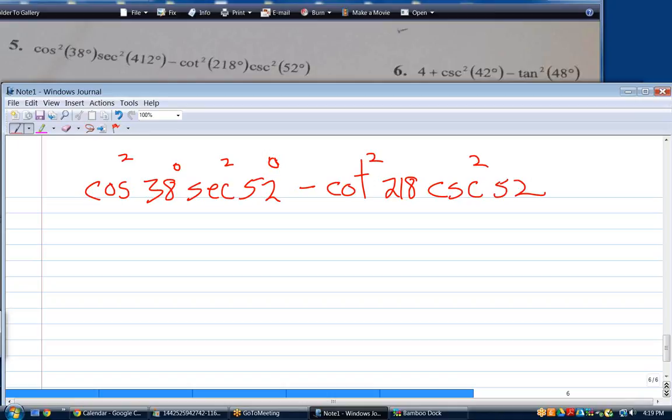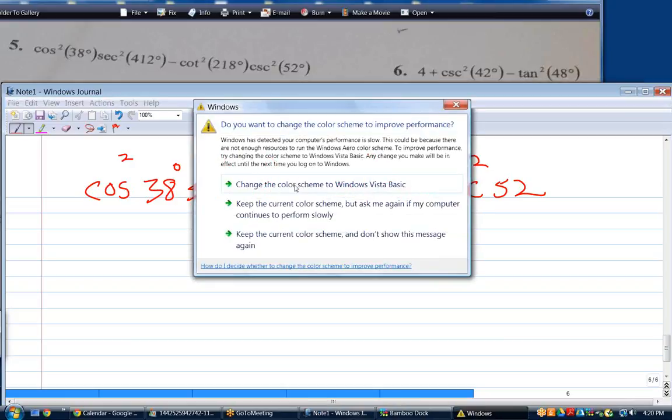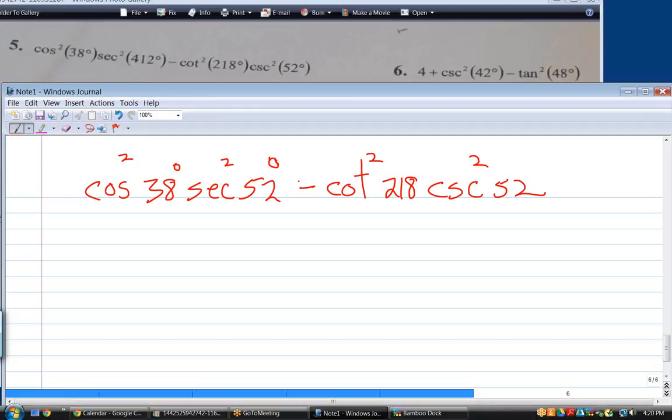The cotangent of 218 is the same as what? That's a third quadrant angle. Leaving it in cotangent for the moment, it would be cotangent squared of 38.